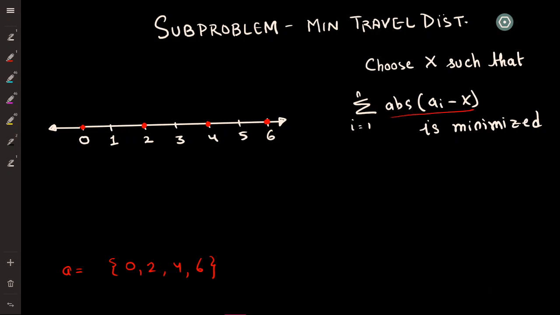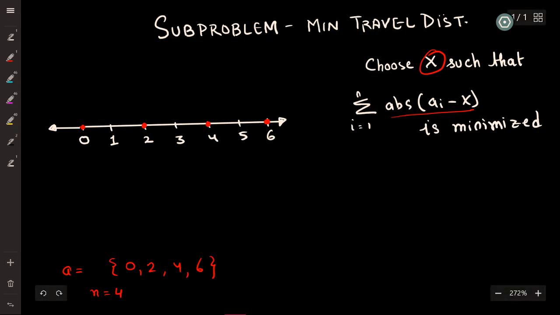So we have to select an x such that the summation of i equal to 1 to n, where n is the number of points, 4 in this case, of the absolute values of ai minus x is minimized. This seems rather strange, and you might be wondering why we are solving this sub problem instead, and I'm going to come back later to why this problem is related.